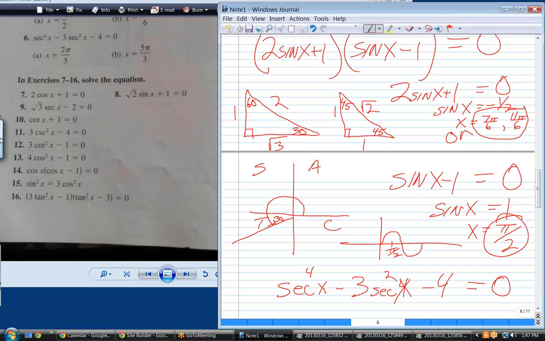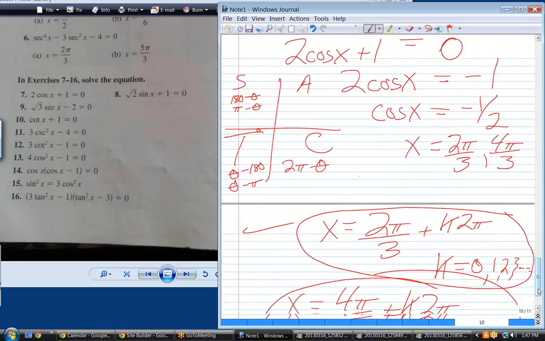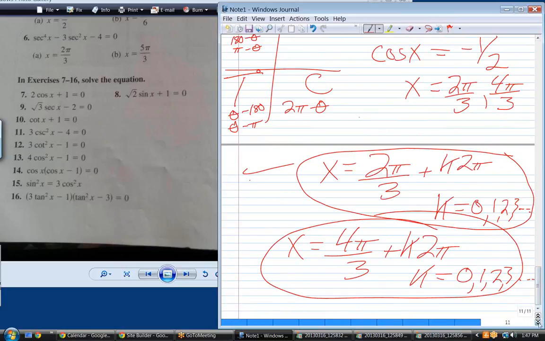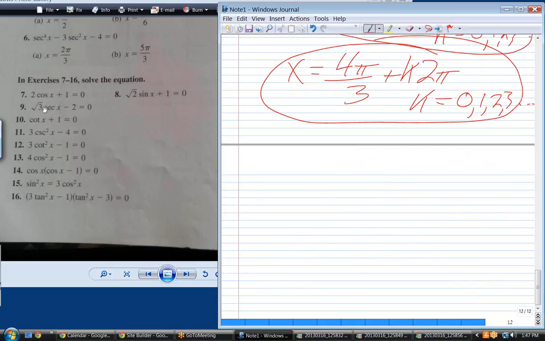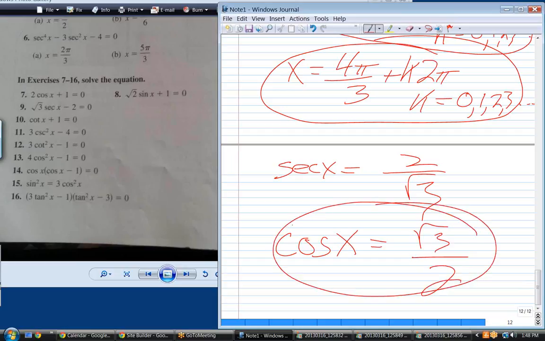All right, so let's skip to 11, because 11 is the first one that does something different. Although, as long as you know how to handle these equations like secant x, in other words, once I solve 9 and I get it to secant x equals 2 over root 3, the way I answer this is by saying that means cosine x is equal to root 3 over 2, and then I solve that.